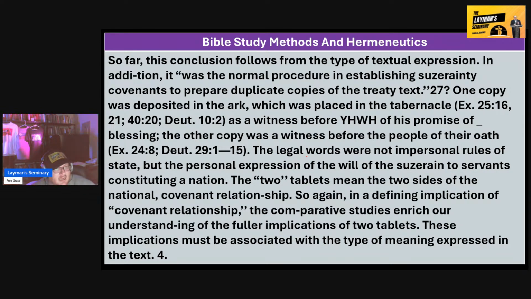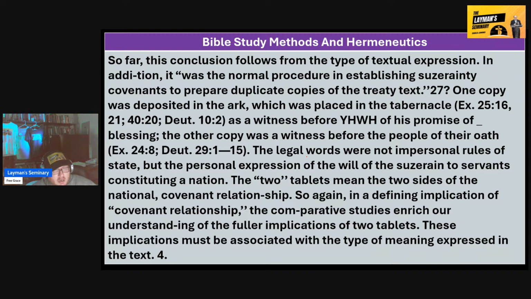In addition, it was a normal procedure in establishing suzerainty covenants to prepare duplicate copies of the treaty text. One copy was deposited in the ark, which was placed in the tabernacle, as a witness before Yahweh of his promise of blessing. The other copy was a witness before the people of their oath.